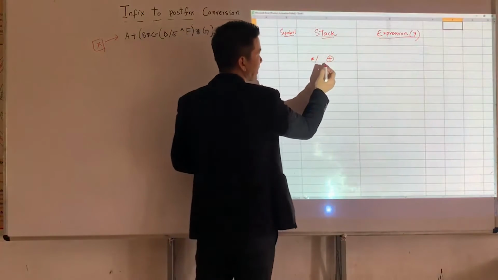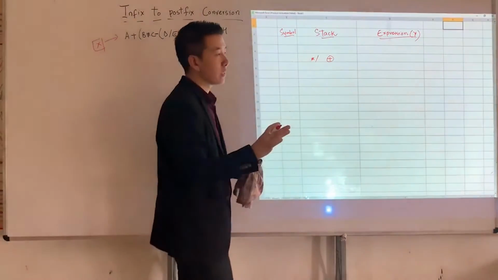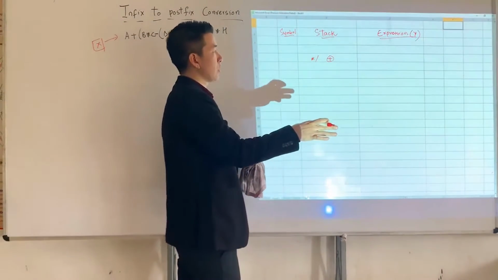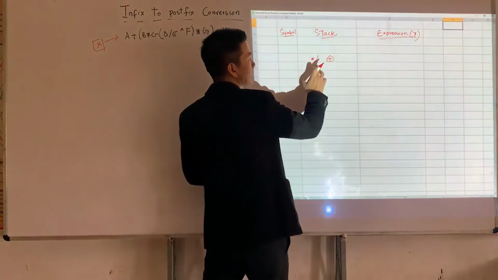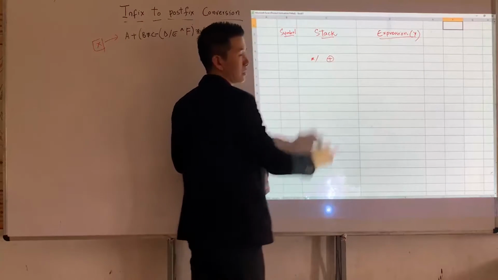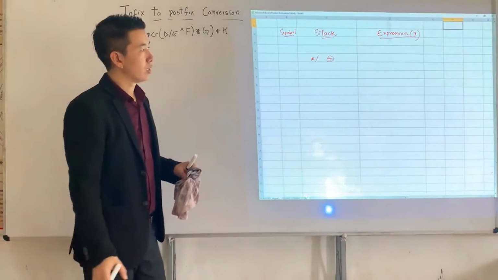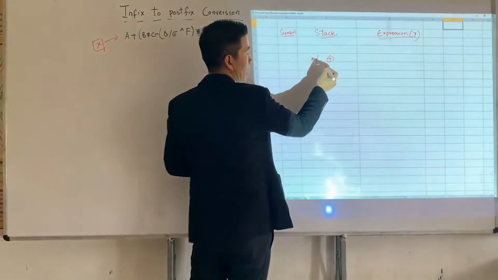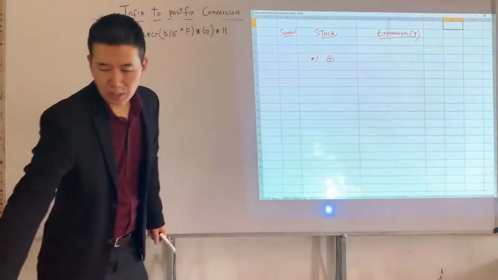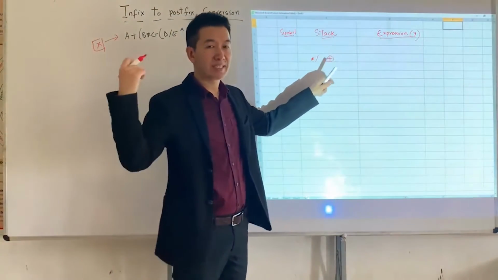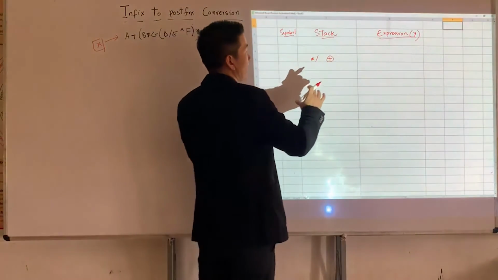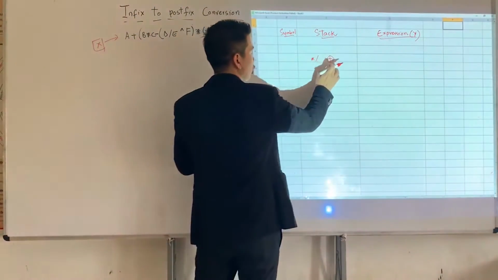We need to repeatedly pop and add to the expression those elements which have either the same precedence as this or higher precedence than this. So if this is the most recent symbol which has been scanned from the expression, we cannot directly push it onto the stack.